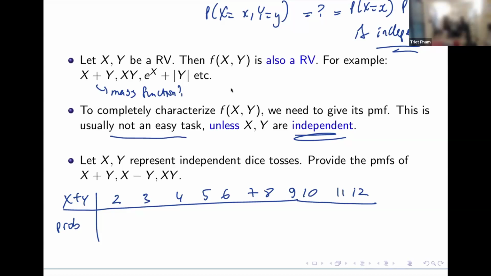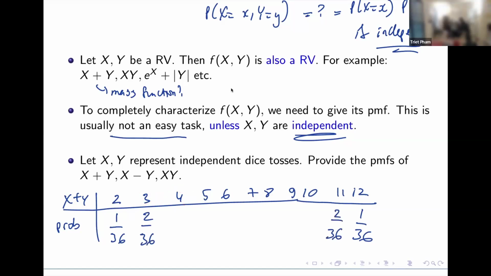For example, 2 and 12 are both... oh, sorry, it's not 2 over 36, it's 1 over 36, right? 3, for example, is 2 over 36. Same as 11, right?